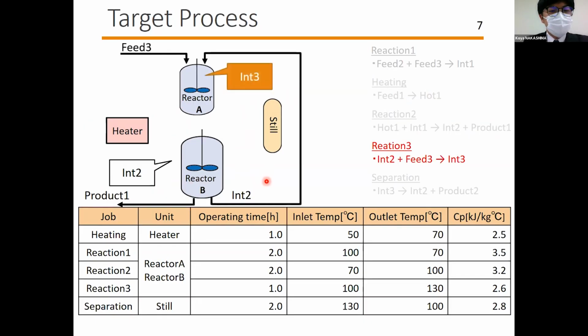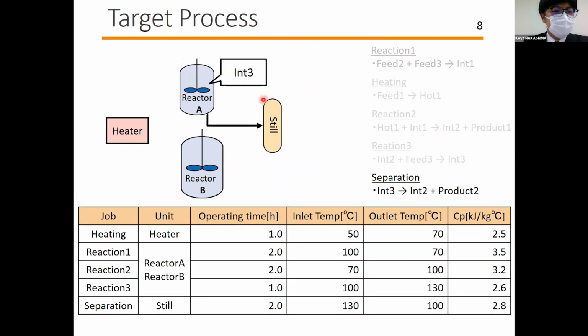Next, intermediate 2 reacts with feed 3 to produce intermediate 3. Finally, intermediate 3 is separated to product 2 and intermediate 2. This intermediate 2 is recycled. The above is the general flow of the target process.